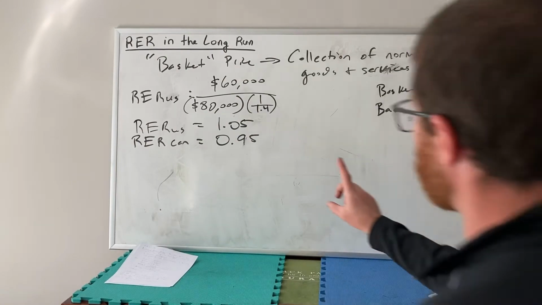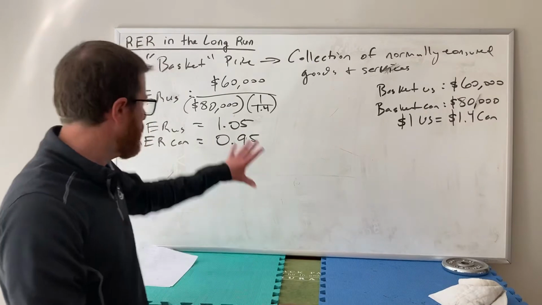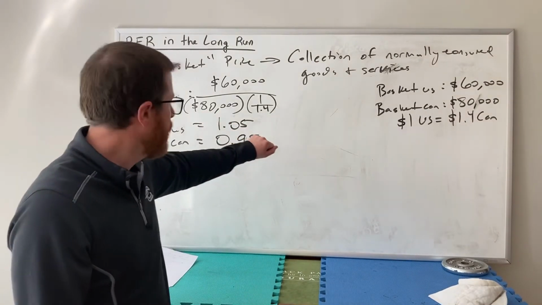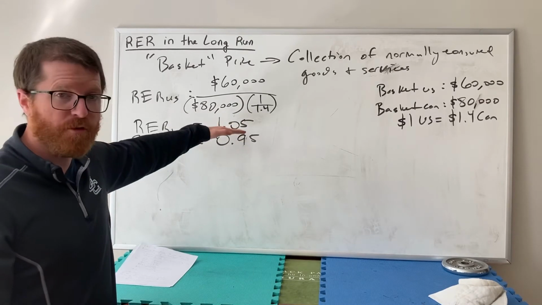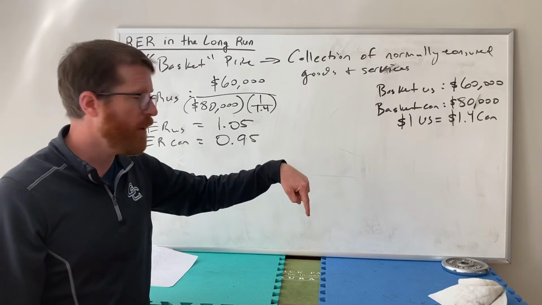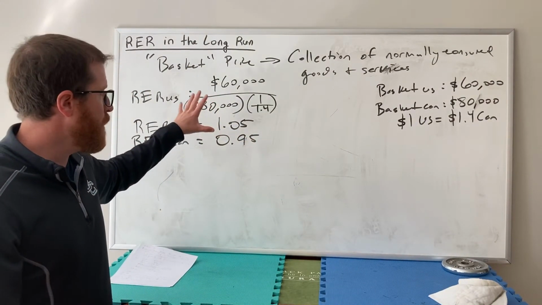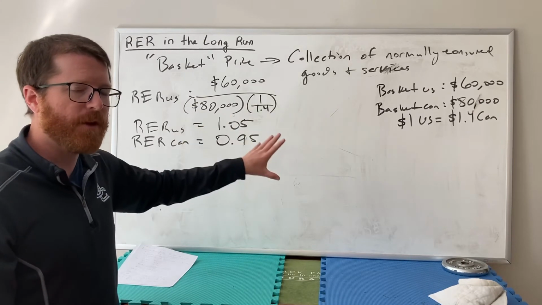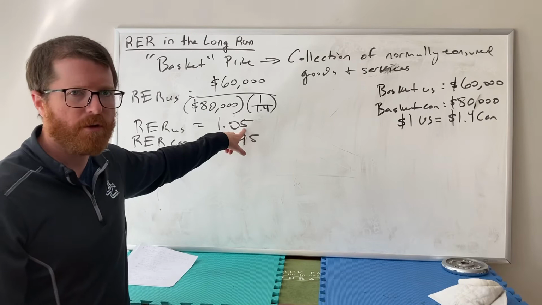So what this tells you here is, by the real exchange rate in the U.S., pause the video because I want to make sure I explain what this value means. What this means is, first of all, anytime you see a value greater than 1, that means it's cheaper in the foreign country, okay? So what this specifically tells us is the amount of money you have in the U.S. could be exchanged for Canadian dollars and then buy 5% more in that foreign country.